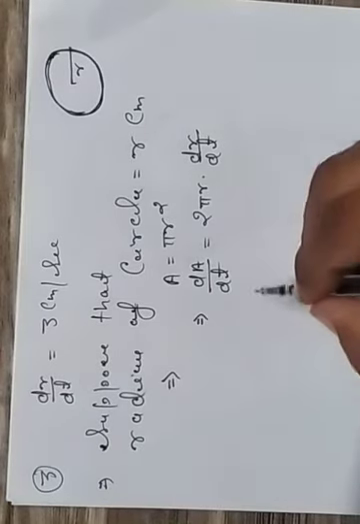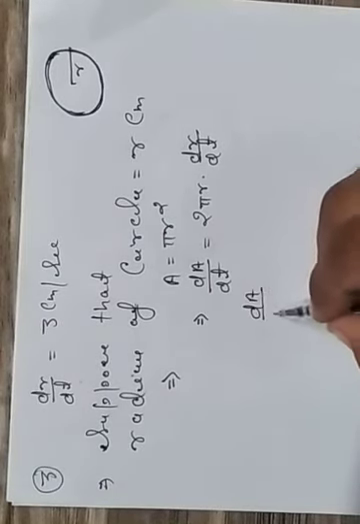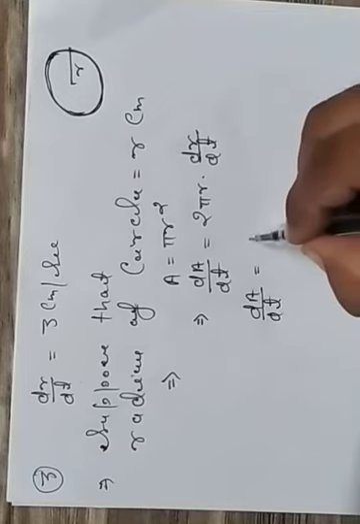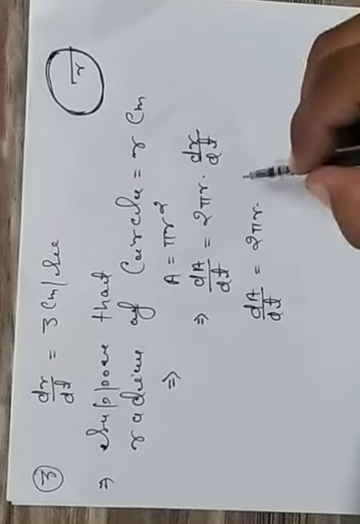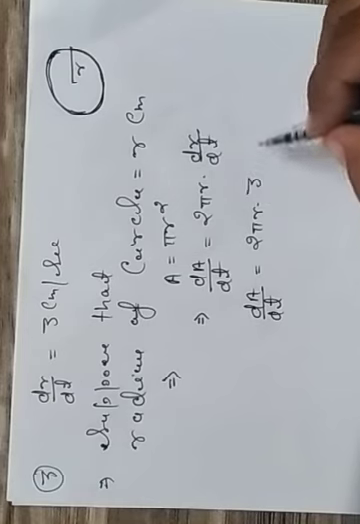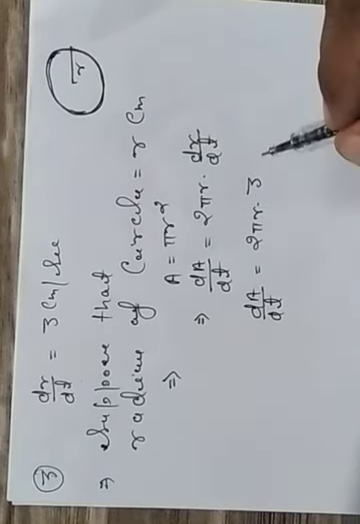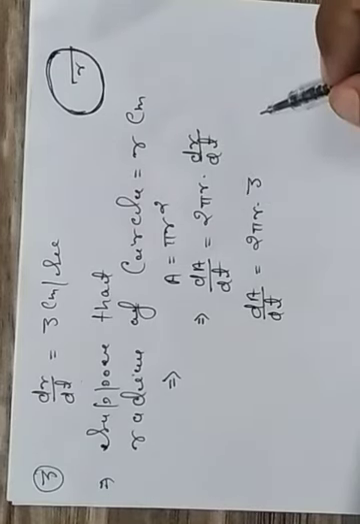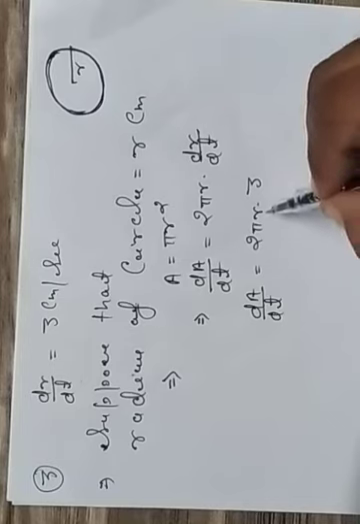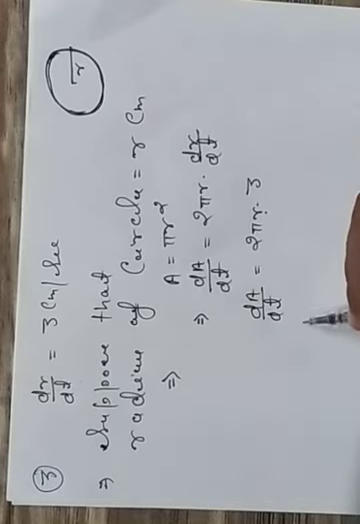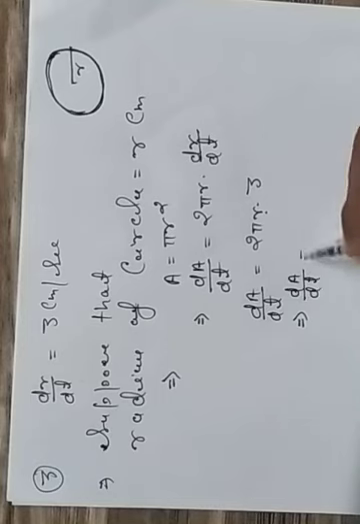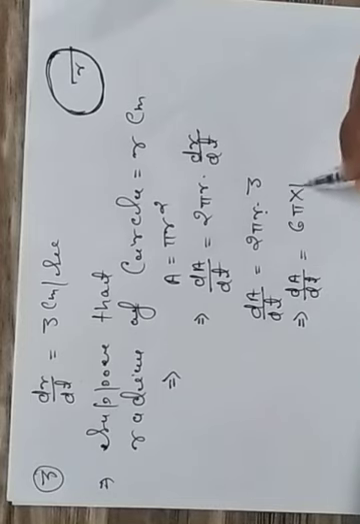So just write value of dr upon dt 3 centimeter. Now student, question is saying find the rate of change of area of circle when radius is given 10 centimeter. So just put the value of radius, which is given here 10 centimeter.